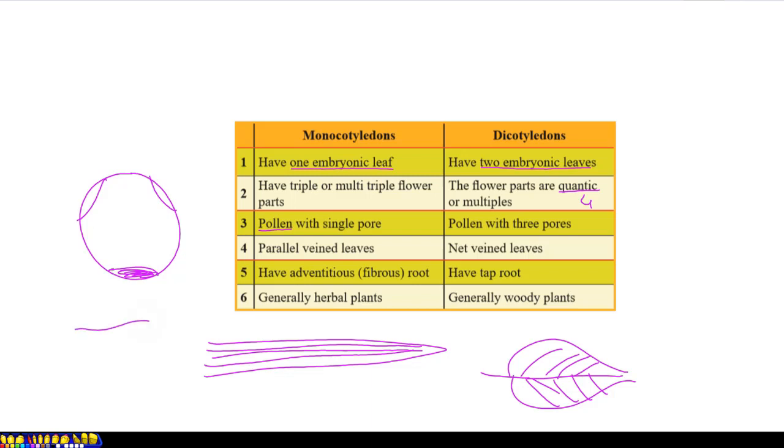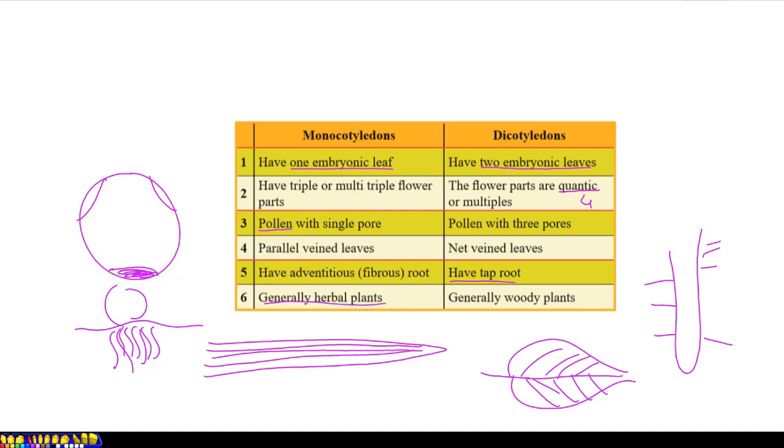Monocotyledons have adventitious roots, like in onion under the ground. There are many tiny roots, but there's no main root. But dicotyledons have a taproot, like carrot, a taproot with a number of thin branches.